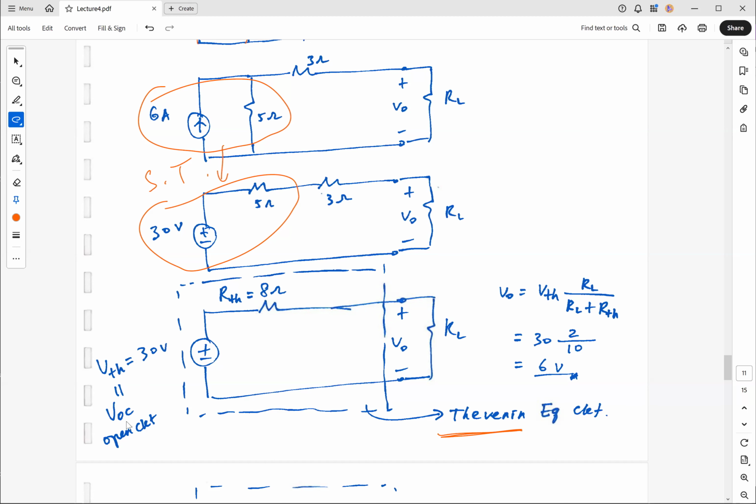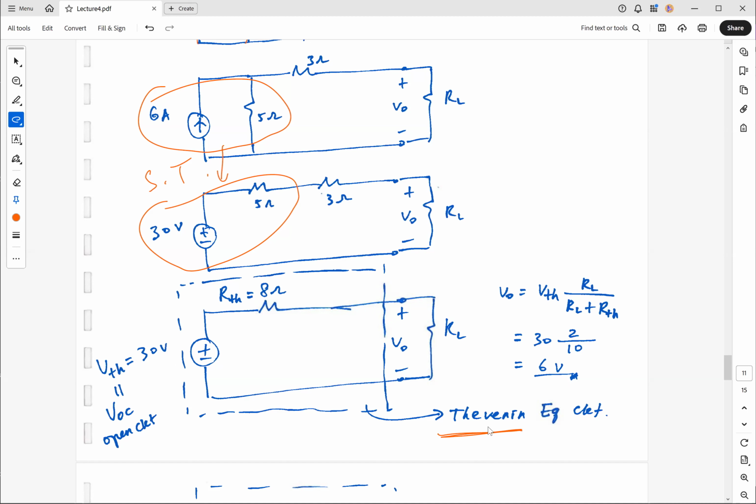And similarly, I can also use the so-called VOC to represent the same thing, and I will explain why this can also be called VOC. Okay, so OC stands for open circuit. The open circuit voltage. This is VTH, Thevenin voltage, or Thevenin equivalent voltage. Okay, and this is equal to 30 volts numerically.